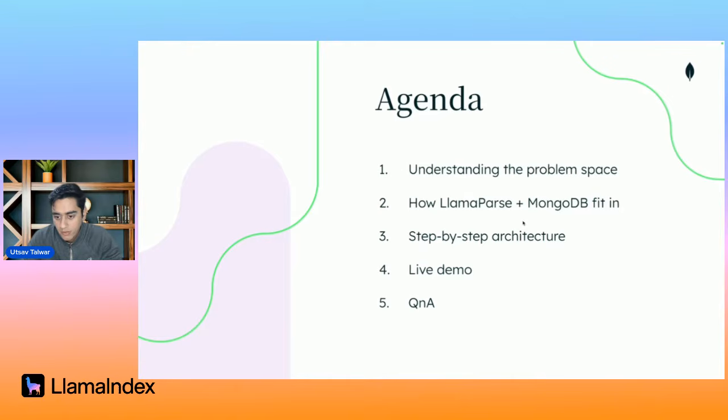Step-by-step architecture will also give you an overview, a bird's eye view, exactly of how these things were fit in together to build out kind of a demo. That's the next part. And at the end, or in the meantime, while I'm talking about the complete solution, you can add your questions and we can talk about it as well.